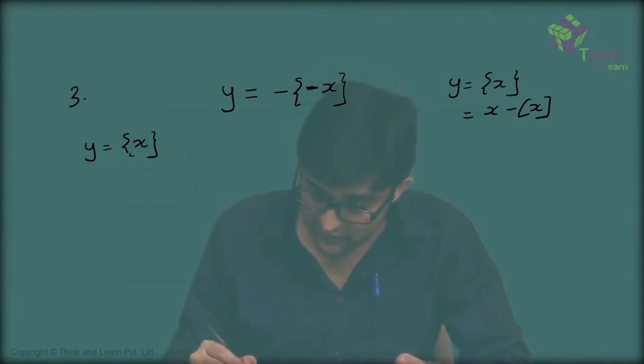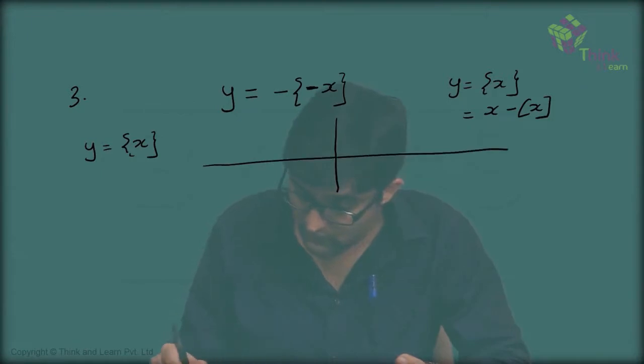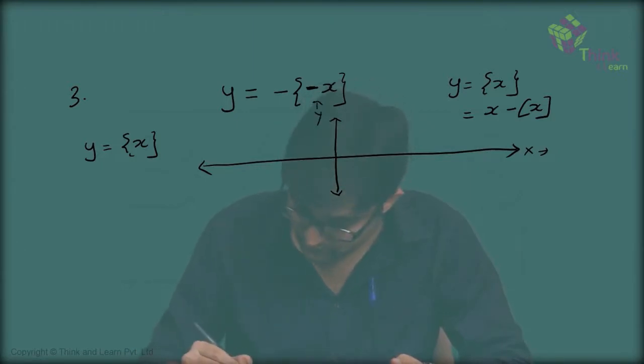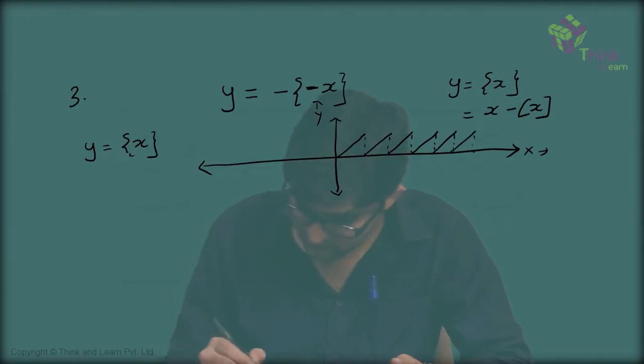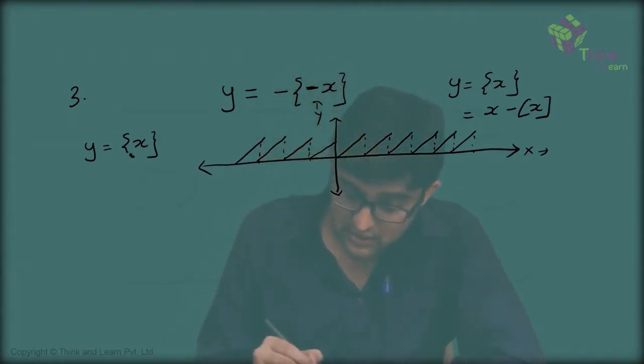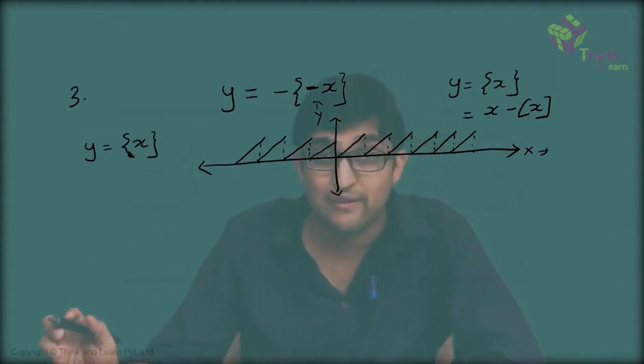Now the graph of this function is something like this. The graph of this function is something like this. Now this is about it, but this is not the function you are interested in, right?